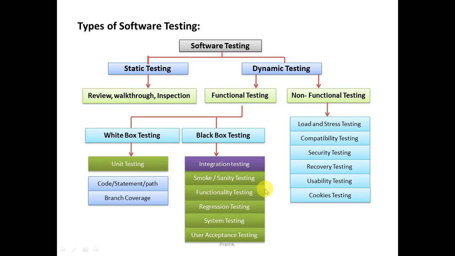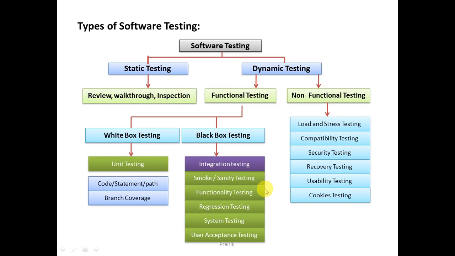There are lots of dependencies on the login. Until a user logs in, he won't be able to check the my account page and many other things. In the same way, if a user is not able to make any payment, there are some payment related issues, then further levels of testing cannot be executed. So this will come under smoke and sanity testing.